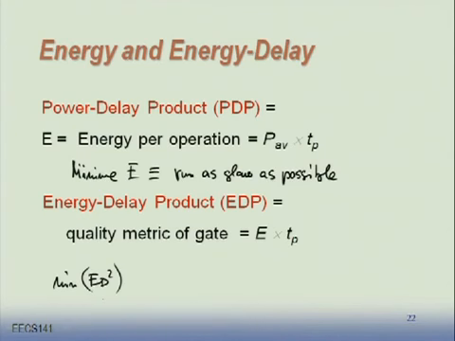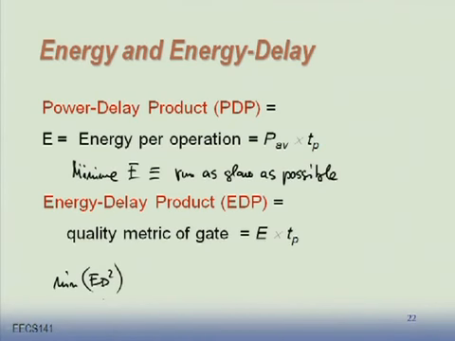Different kinds of metrics to express that. You might have heard of these things like MIPS per milliwatt and MIPS per... We kind of concluded to some extent that energy and delay are related to each other.